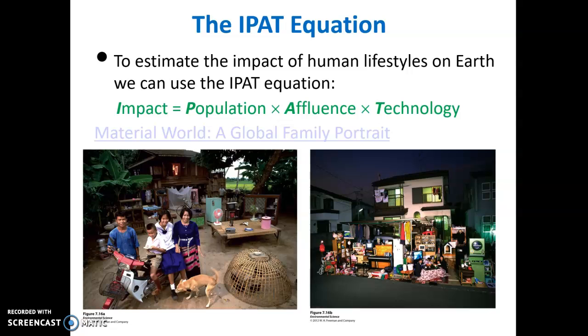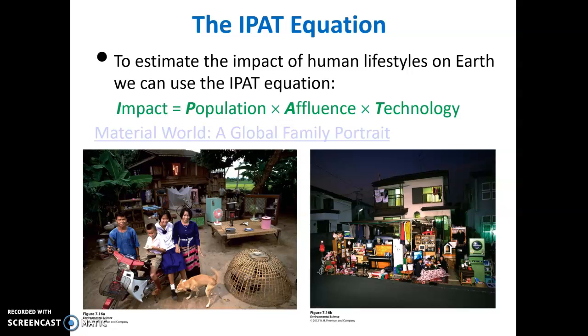For example, we have a lot of anti-air pollution technology that has cleaned up our air and helped a great deal. And you can also have technology working against us in that we have a lot of electronic waste, and electronic waste is very problematic, and we'll look at that more closely later.